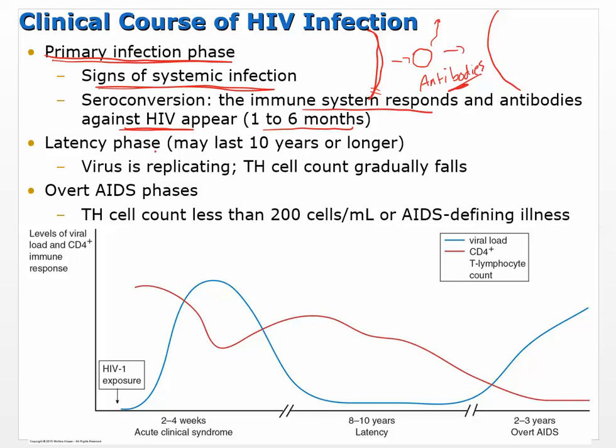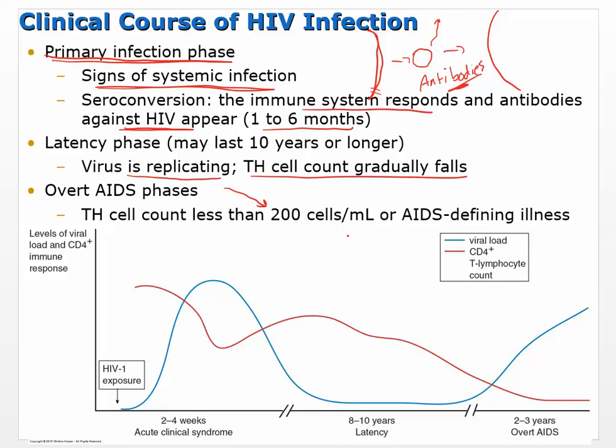But then there are latent viruses, and these latent viruses will still replicate. They'll replicate slowly, and they will still continue to kill some of these T cells. This continues on until the T cells get below 200 cells per milliliter, and that's when you actually have AIDS.